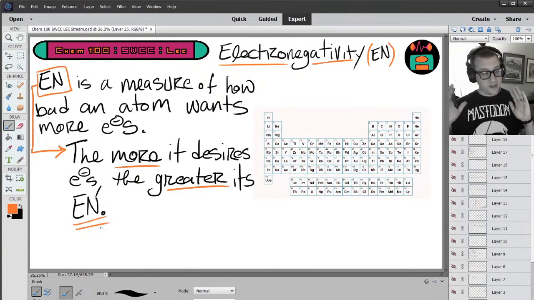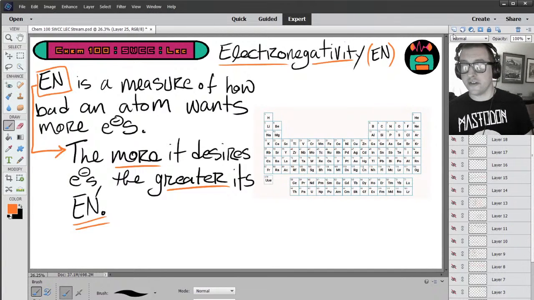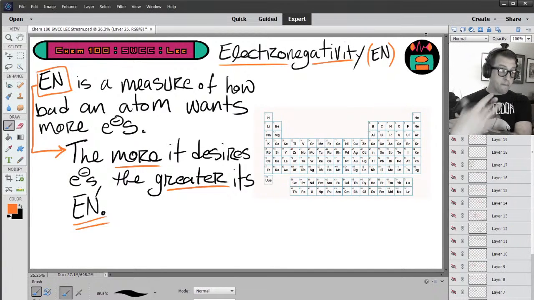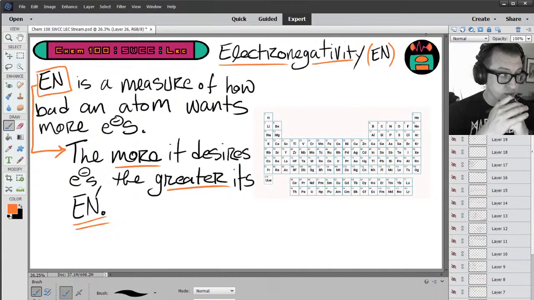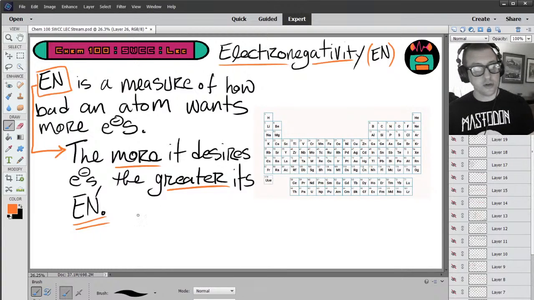All right. That is the definition of electronegativity. This is actually a measured quantity. There are numbers associated with this that we'll actually get to a little bit later this semester.